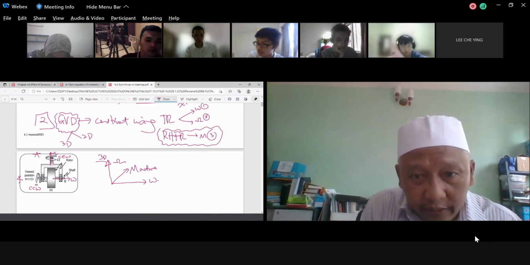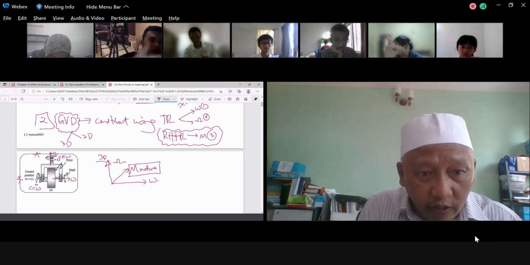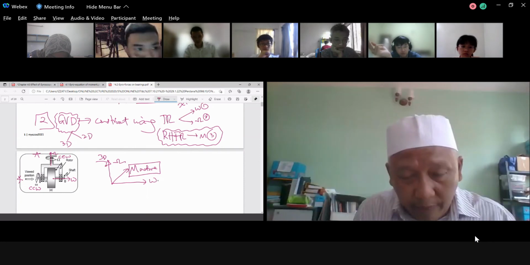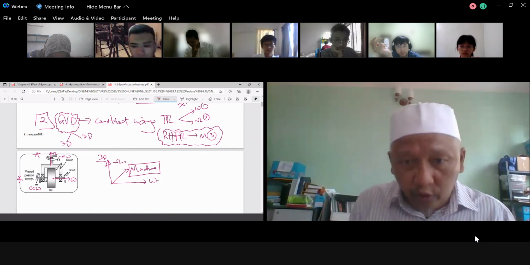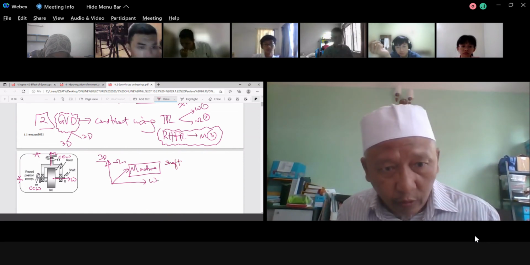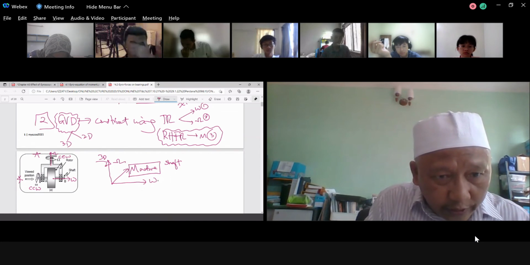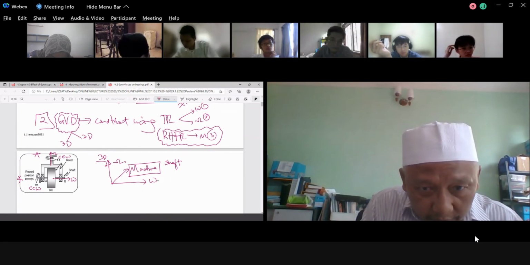Okay, now this is not our interest. Our interest is to define the force on bearing as mentioned in the equation. But if the equation mentions the force on shaft, we are going to use this one. Remember this one is on shaft, because this rotor is carried by the shaft.